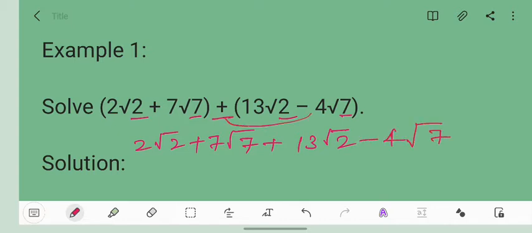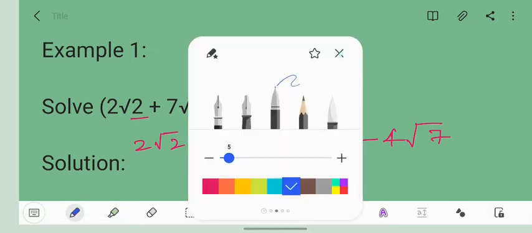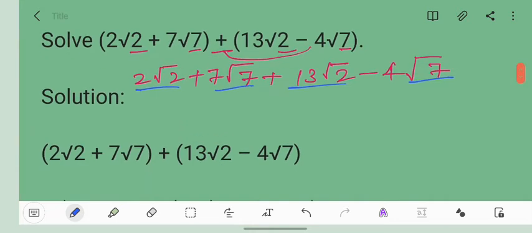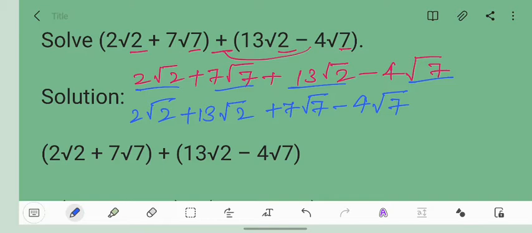And check for similar terms now. So what are the similar terms here? Root 2 will go with this root 2, and √7 will go with √7. So just group it: 2√2 + 13√2 + 7√7 − 4√7.